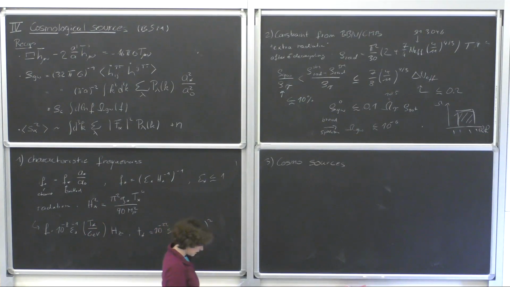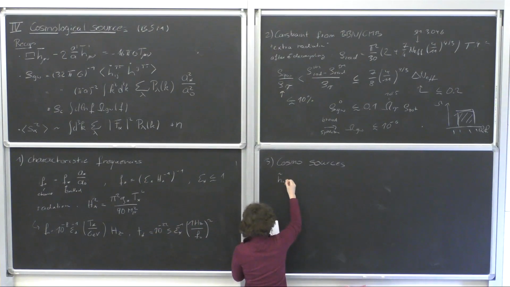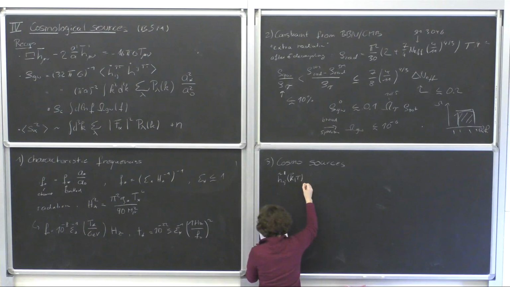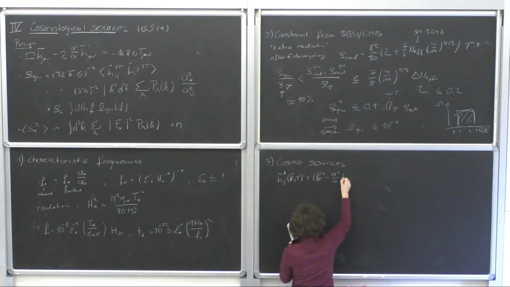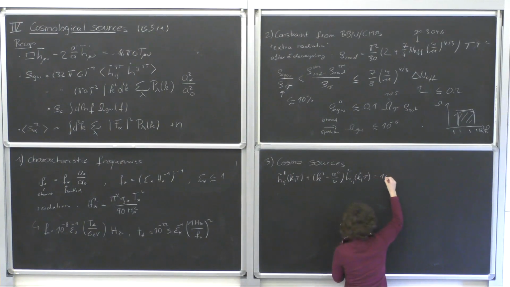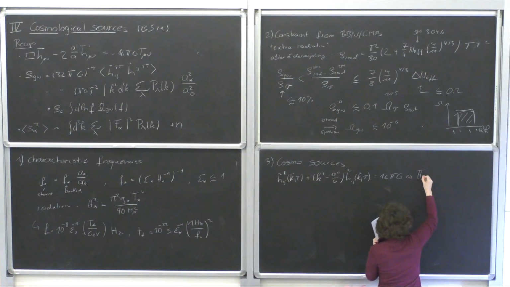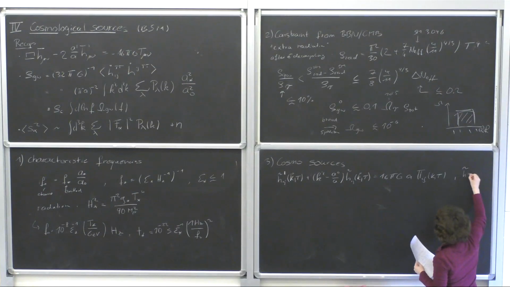If we go to this H tilde basis, it looked like this: H tilde_ij double prime of k and tau, plus k squared minus a double prime over a, times H tilde_ij of k and tau, is 16 pi G a times pi_ij of k and tau. And this H tilde was a times H.